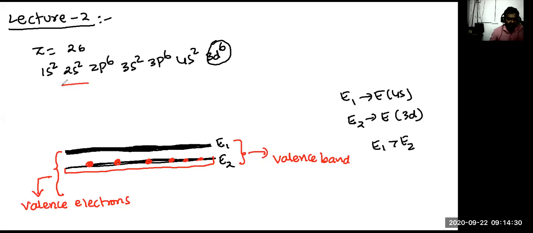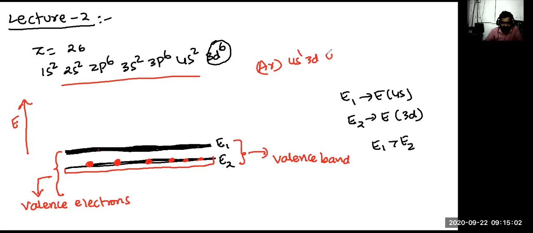Now whenever we supply energy, that is light energy in the form of h nu, each electron will absorb the energy and be excited to a higher energy state. That is, the 4s electron will be excited to the 4p subshell. I'll write this as argon 4s1, 3d6, 4p1 in the first excited state.